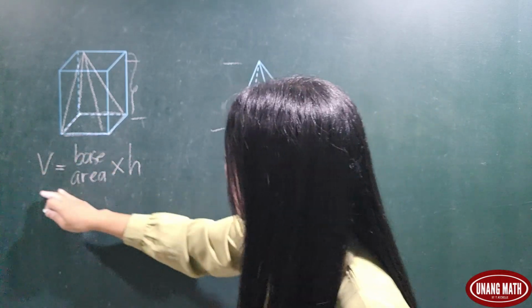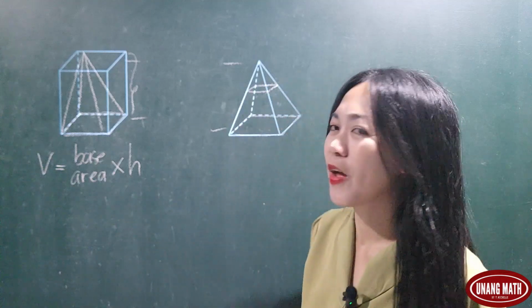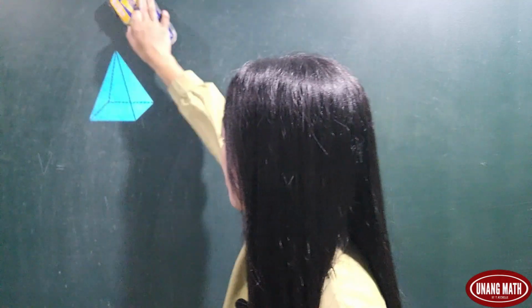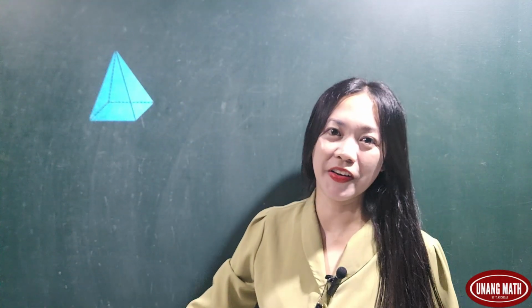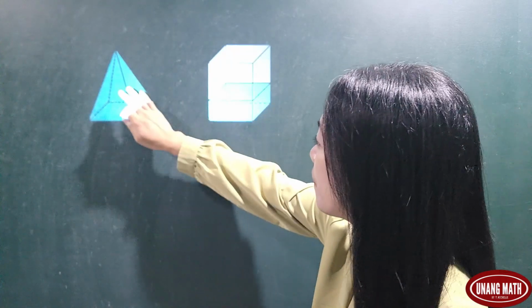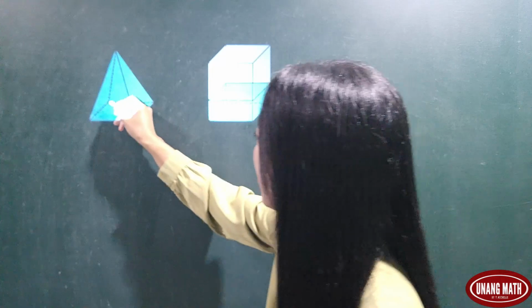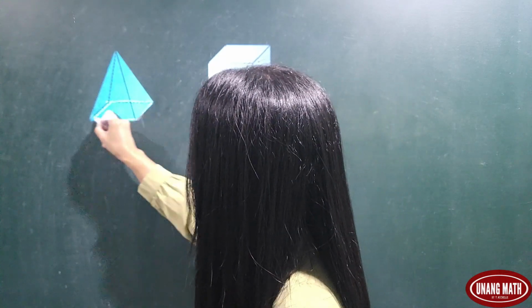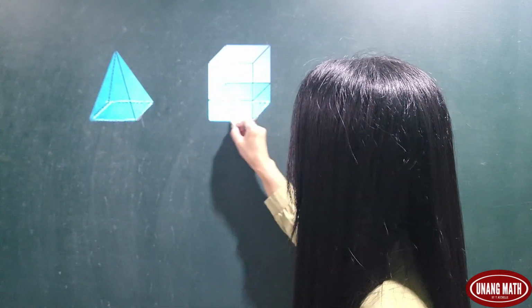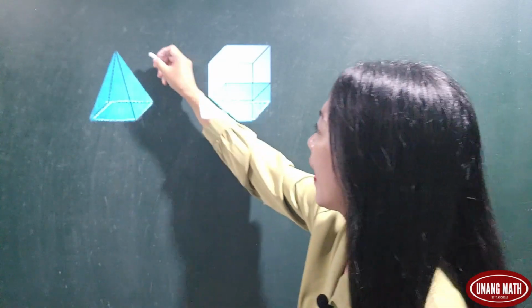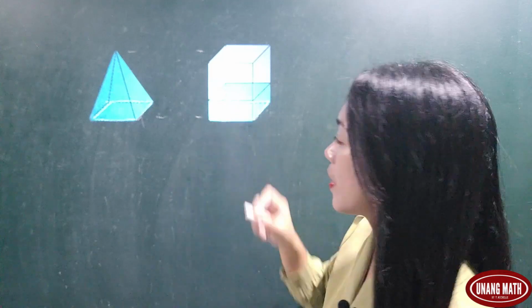Since we cannot use this formula, people experimented. They filled the pyramid with water and then they poured this water in a prism. Take note, this pyramid's base and this prism's base are congruent and heights are equal.